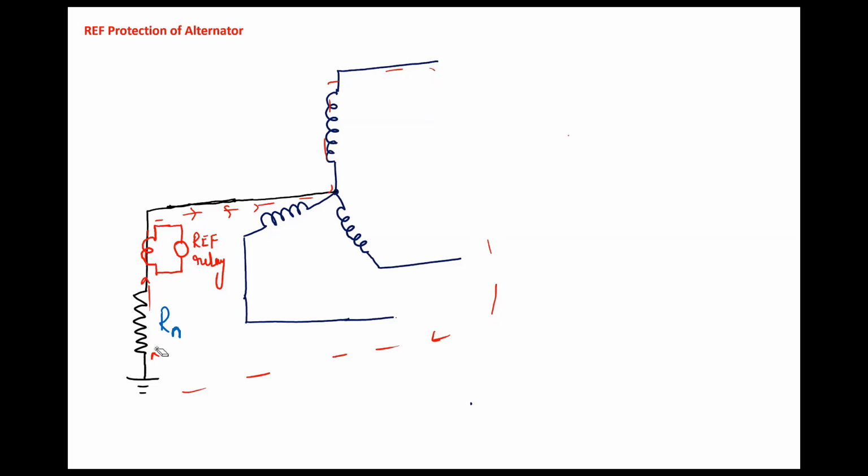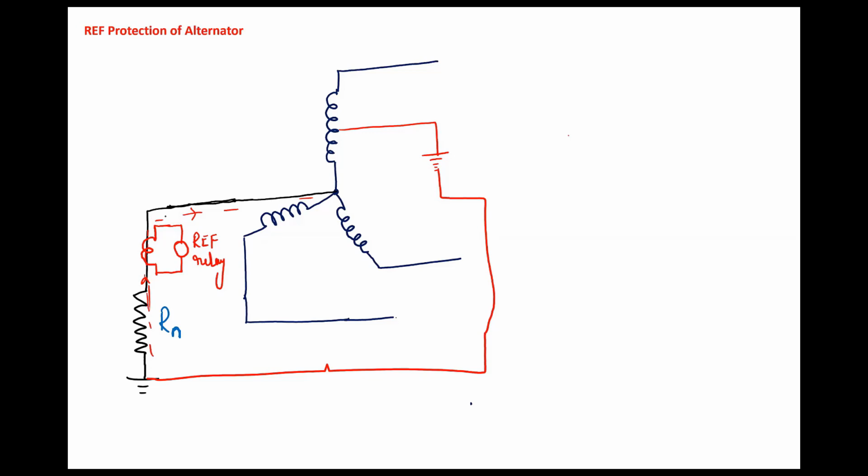The second point I want to tell you is, suppose the earth fault occurs within the stator winding, that means the earth fault has occurred here. Then how will the current flow? The earth fault current will flow like this.